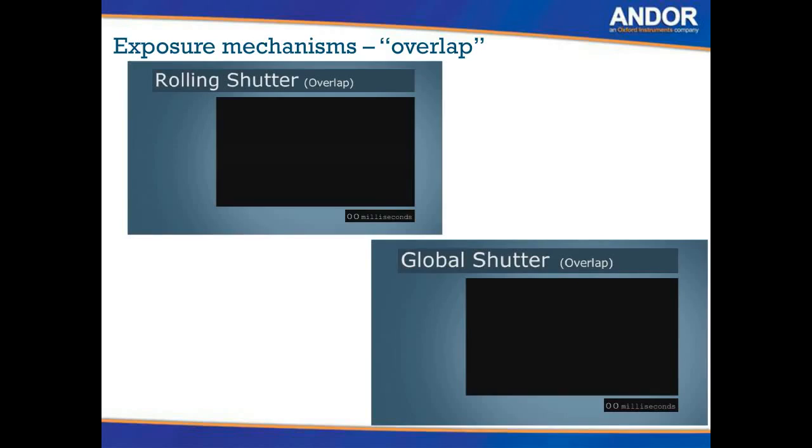Okay, so I'm not sure if the second movie played, but the global shutter is essentially where all pixels are exposed at the same time and all pixels are read out at the same time. So it's really just another way of showing you the mechanism that's taking place on these cameras when you're exposing and reading out.